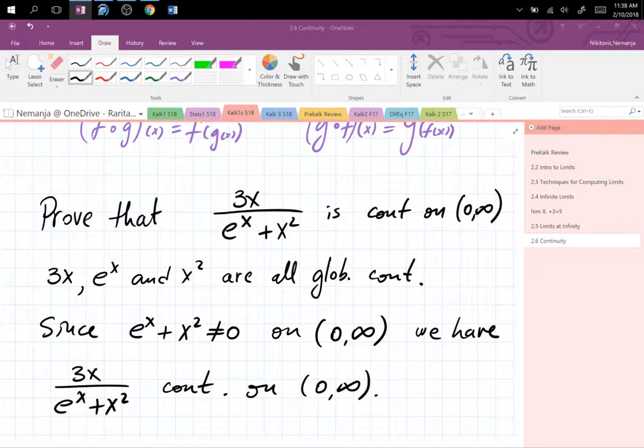Clearly, the whole argument fails. So each individual one needs to be continuous. Like in our case, we have 2 polynomials and an exponential. They're all cool. We have the addition. Addition is continuous. And then we have the issue one, which is division. As soon as we show that the denominator cannot be 0, and it can't, because there is no value that you can plug in from the interval we have to get that 0, we're good to go.